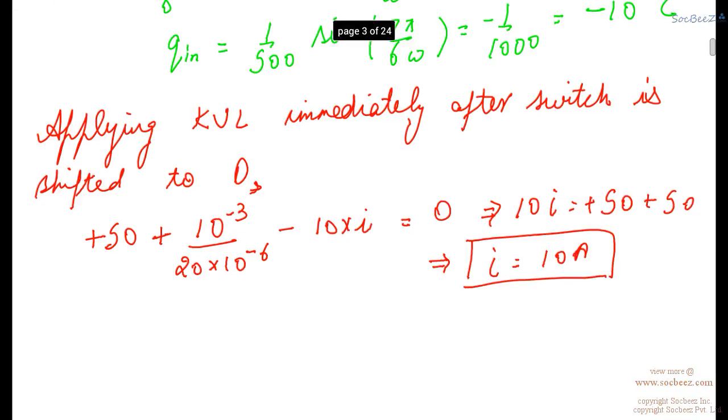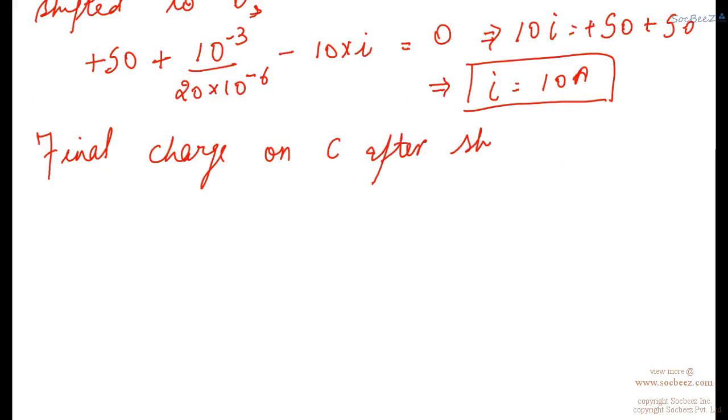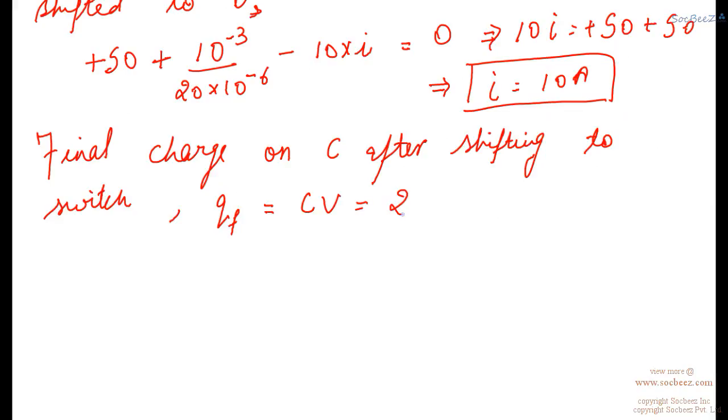Now the final charge on C after shifting the switch is QF, which is equal to C into V, which comes out to be 20 into 10 raised to the power minus 6 into 50, which is 10 raised to the power minus 3 coulomb.